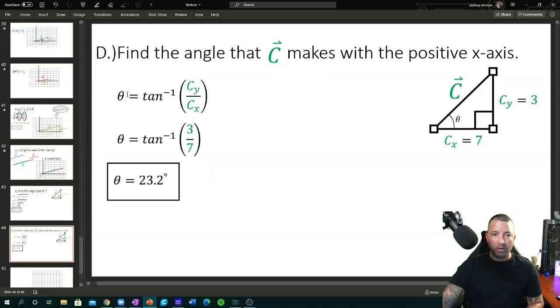So doing a little bit of trig, we see that theta is equal to the inverse tangent of the y component over the x component of vector C. And then we can just look at our triangle, substitute our values back in, and put it in our calculator. Make sure we are in degrees and not radians. So we see that the resultant angle is 23.2.